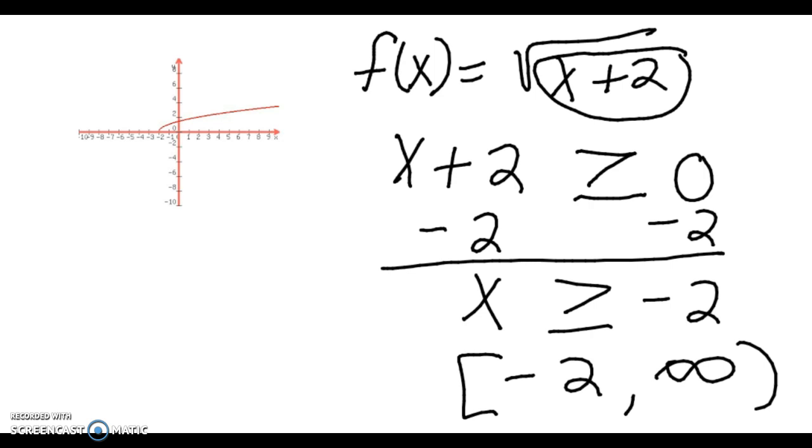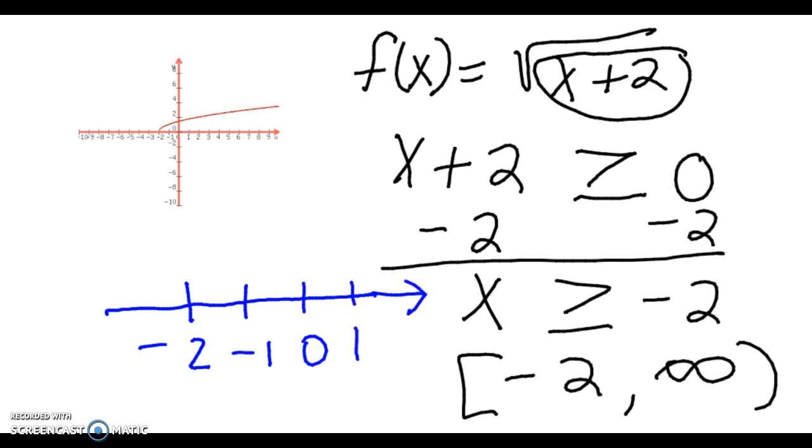In case this is still kind of a little fuzzy, let's look at what this inequality would look like if we were to graph it, okay? You don't have to do this, but I just want to show you for demonstration purposes. If we wanted to graph this inequality, x is greater than or equal to negative 2, I would make a kind of really sketchy looking number line, okay? And remember from your DMA classes or from your other math classes that when we have the equal to included in our inequality, that means that number is actually included.